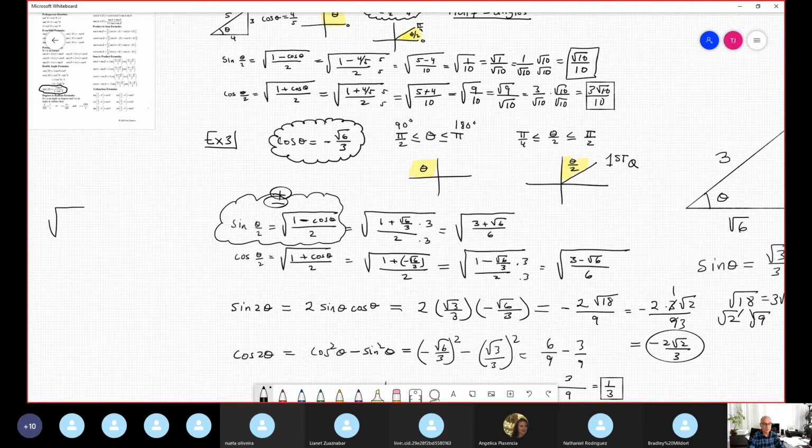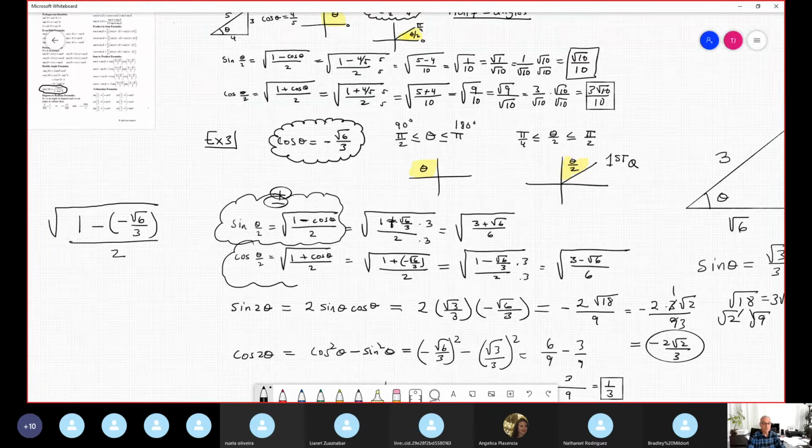It's square root of 1 minus something, and minus something is minus radical 6 over 3, divided by 2. But this negative and this negative together become positive. So I skip this step and put directly positive. Make sense? Yes, it does. Thank you, Professor.